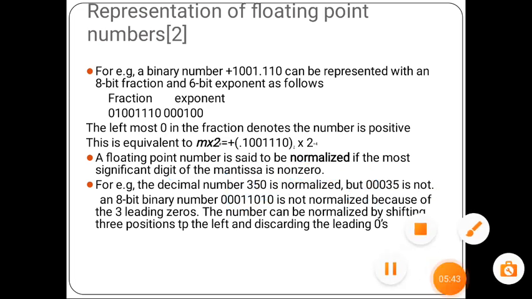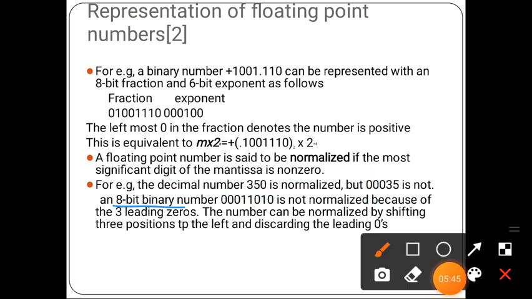Another example, when we consider an 8-bit binary number, 00011010. Check the MSB. Here the MSB contains 0, so it is not normalized because it contains 3 leading zeros.